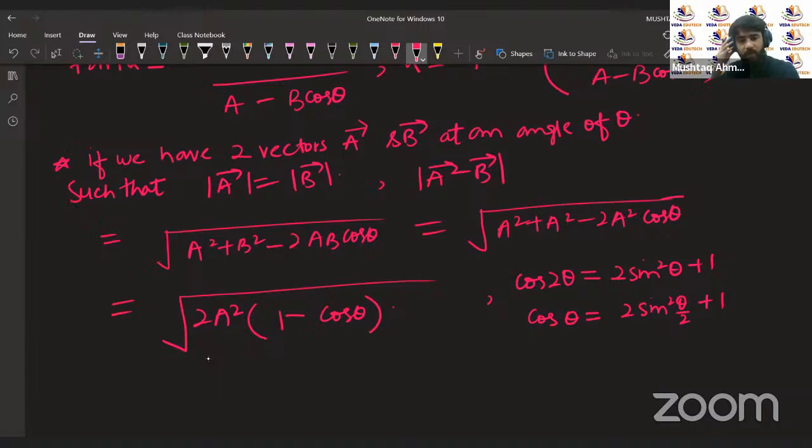So cos theta will be 1 minus 2 sine square theta by 2.